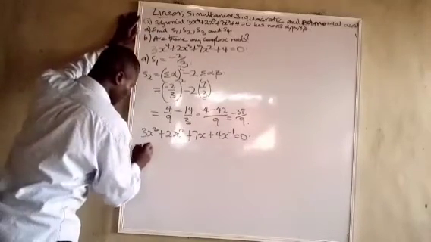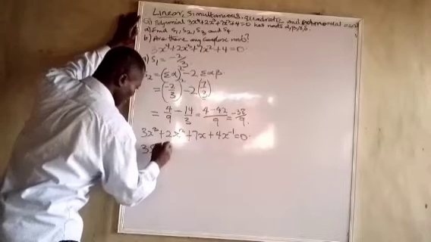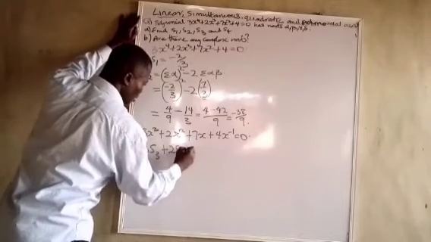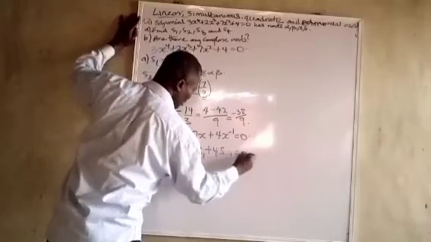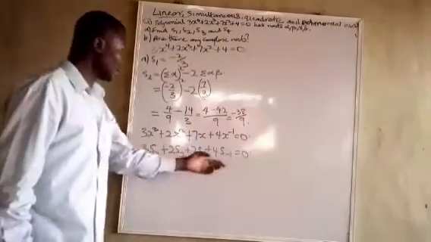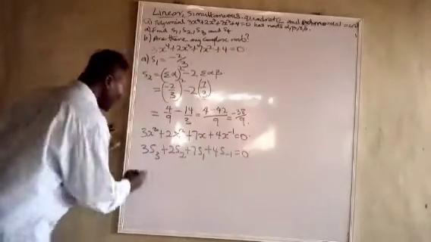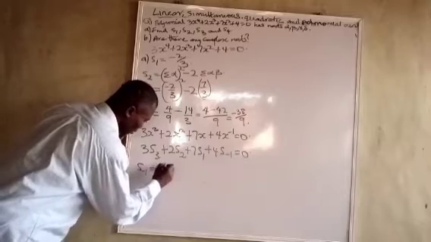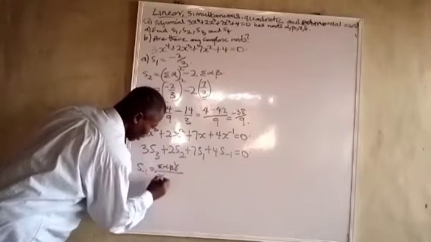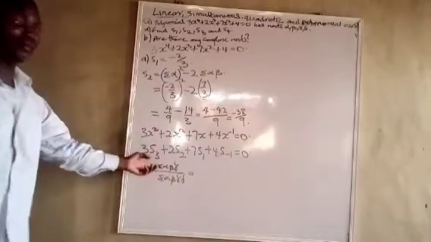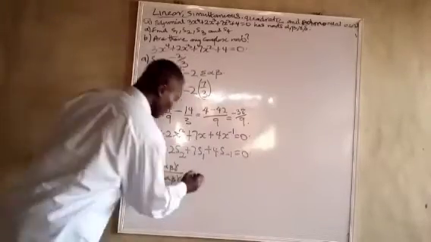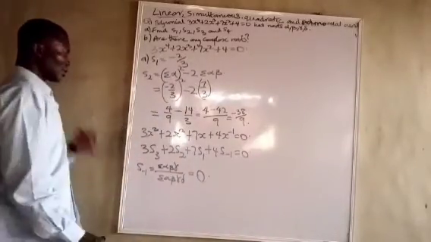We are going to have 3s3 plus 2s2 plus 7s1 plus 4s minus 1 equals 0. Now we know s2, we know s1, but we don't know s minus 1. And s minus 1 is going to be summation alpha beta gamma over summation alpha beta gamma delta, and we don't have anything in x, so this expression is 0.